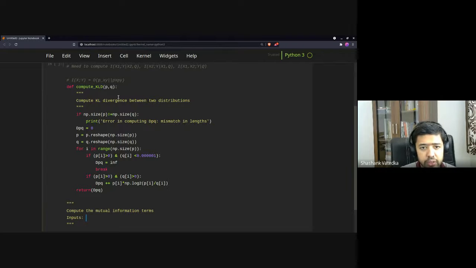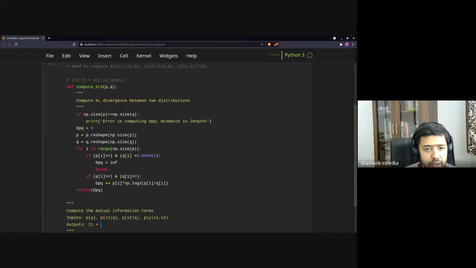I know that the distributions have a certain structure. So I have a p of Q, a probability mass function on Q. Then I'm given p of x1 given Q and p of x2 given Q, and of course I'm given the channel, which is p of y given x1, x2.